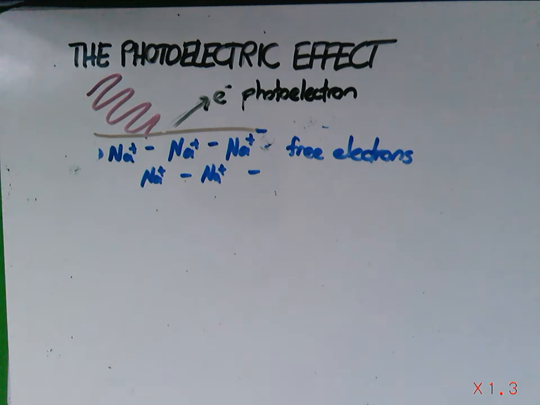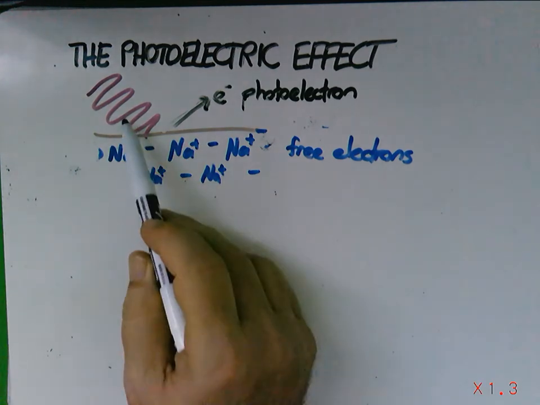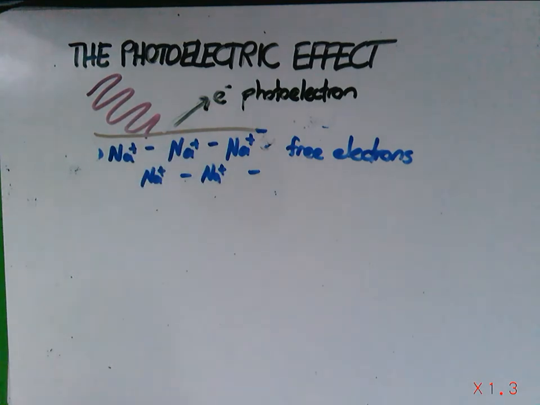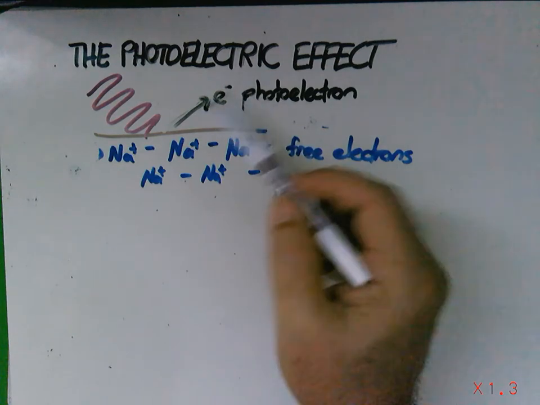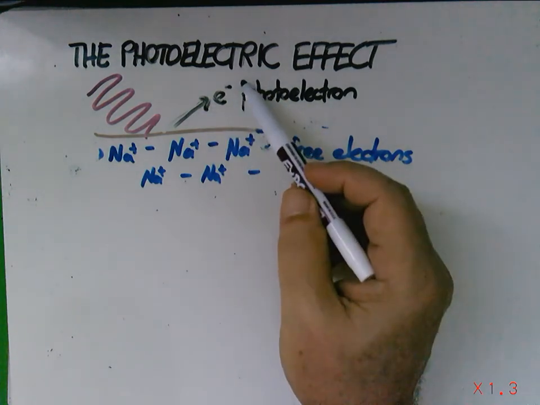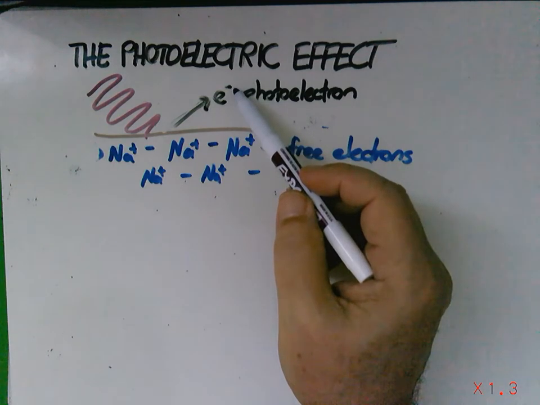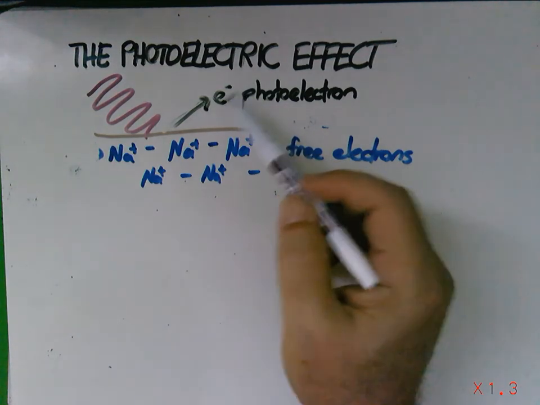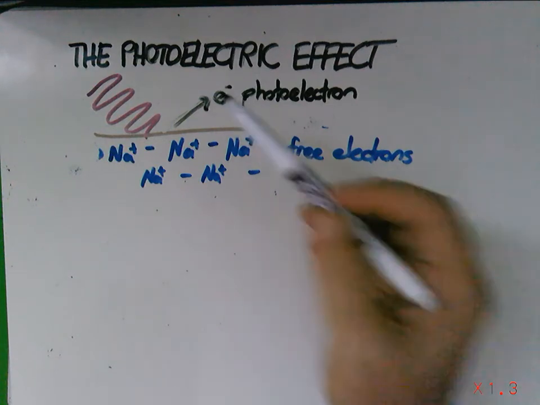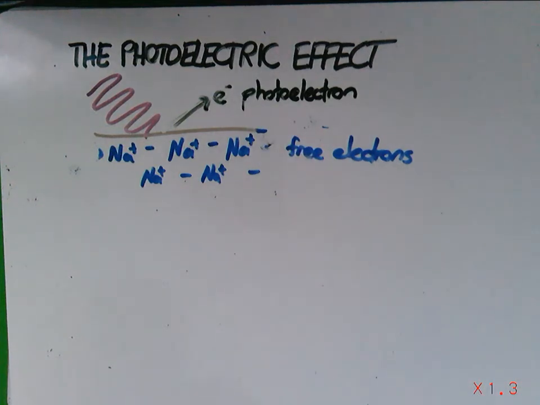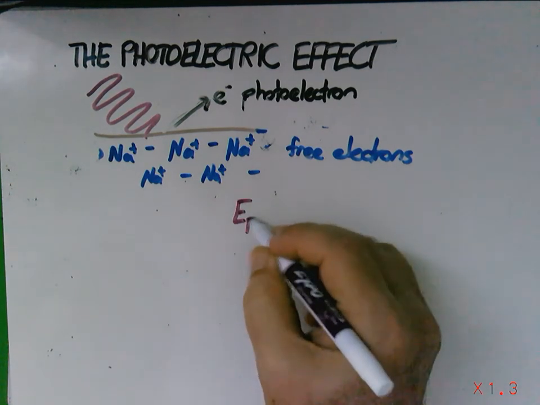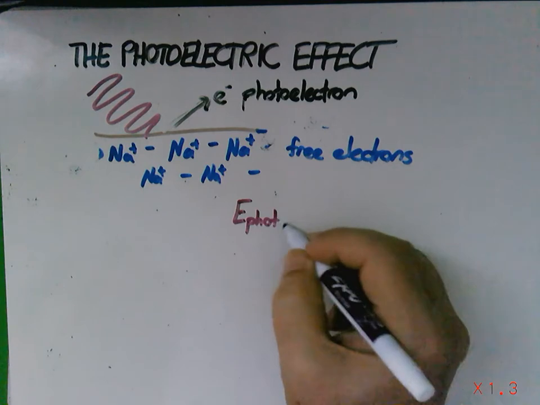Now, let's look at how we can experimentally measure the energy of the light beam with this. It is pretty easy for you to measure an electric current here because you've got a flow of electrons. So you can hook a little meter up to this and measure the electric current, and that will tell you how much energy these photoelectrons have. So you can find the energy of the photoelectron. It'll be its kinetic energy, its energy of motion.